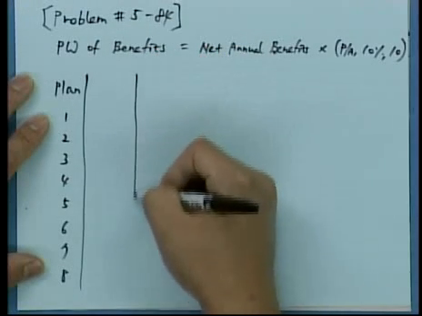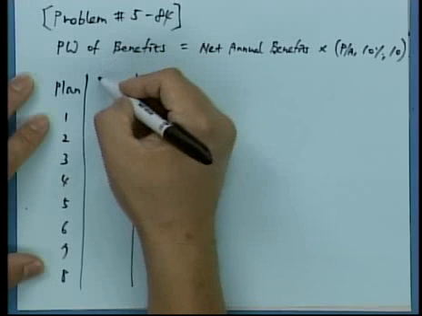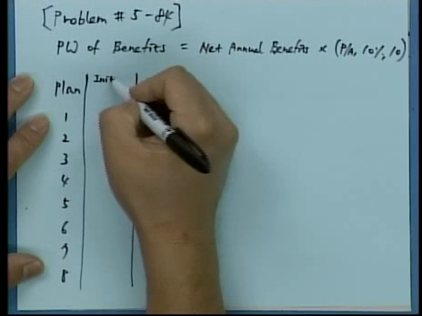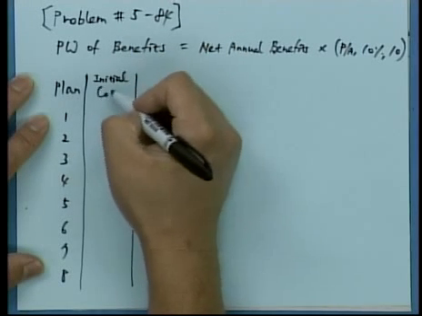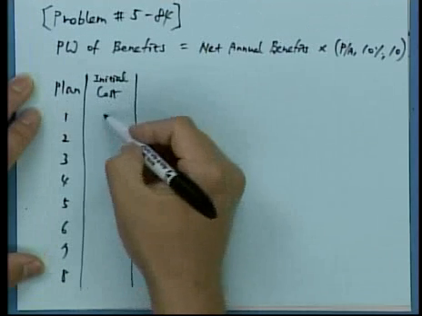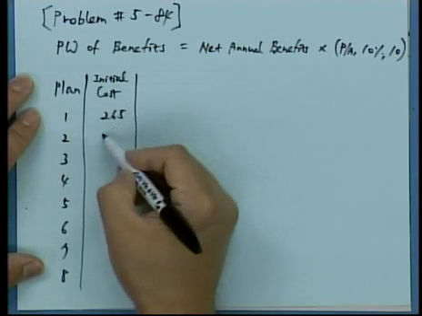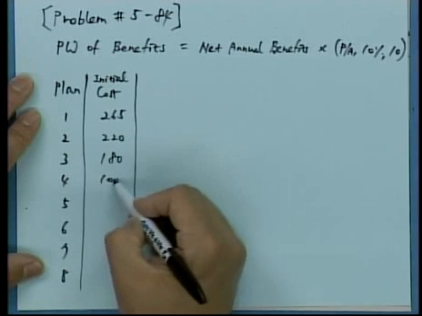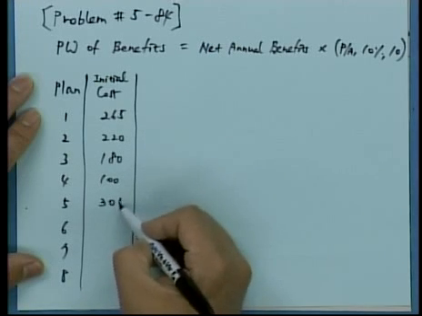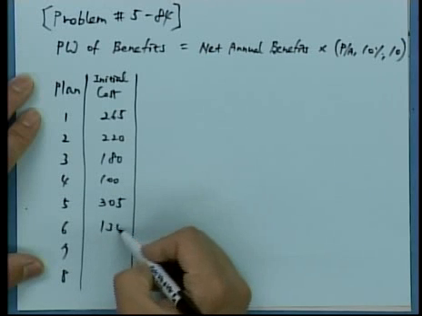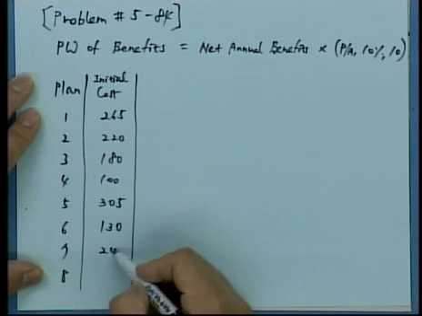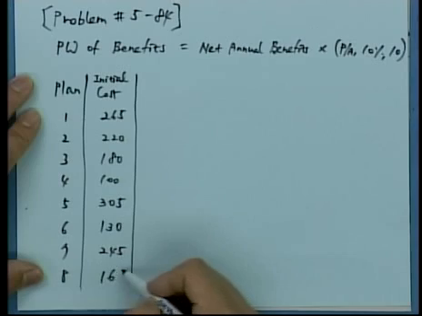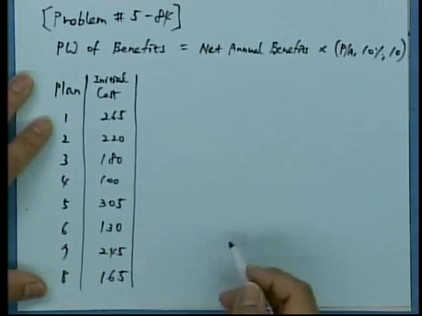And the first column is about initial cost in $1,000. So 265, 220, 180, 100, 305, 130, 245, 165.